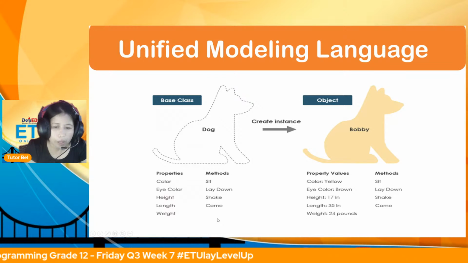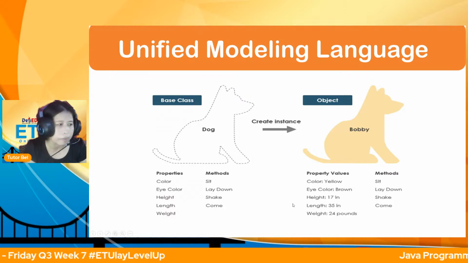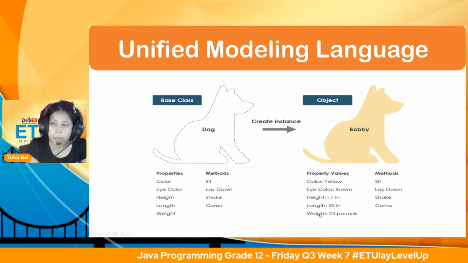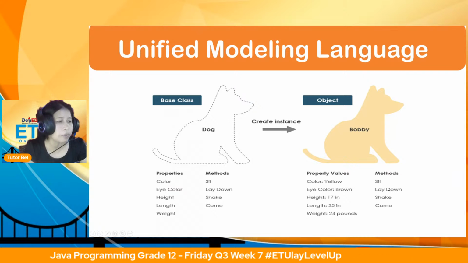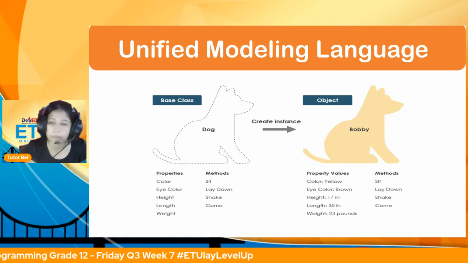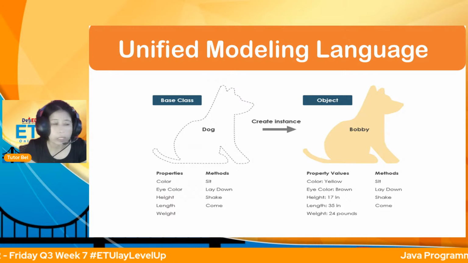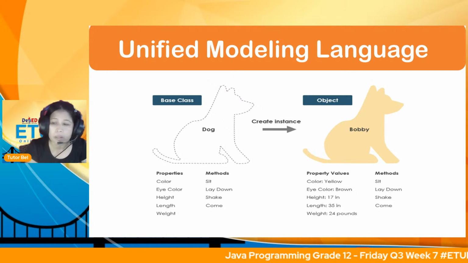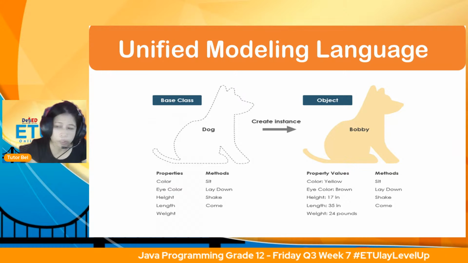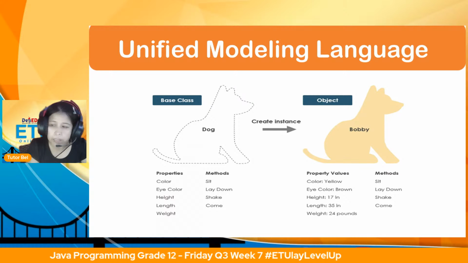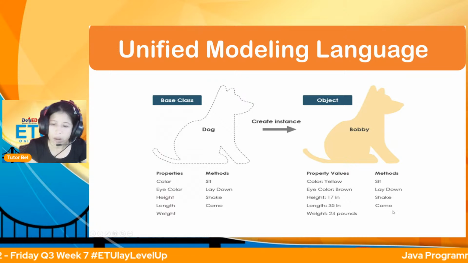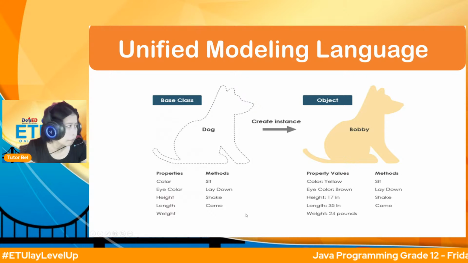So, another property na pwedeng ma-inherit, sa instance of our object is the weight. So, pwedeng 24 pounds. Okay. But the methods would actually be just the same. Okay. All of the dogs could actually sit, could actually lay down, could actually shake their tail or their body, or pwede natin siyang tawagin could come.